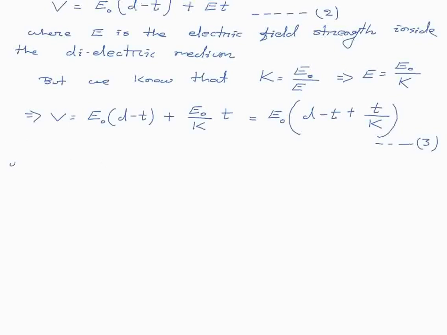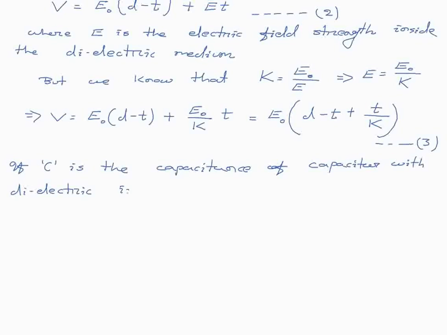So if capital C is the capacitance of the capacitor with dielectric in between, then C is equal to charge divided by potential, we already know this definition.